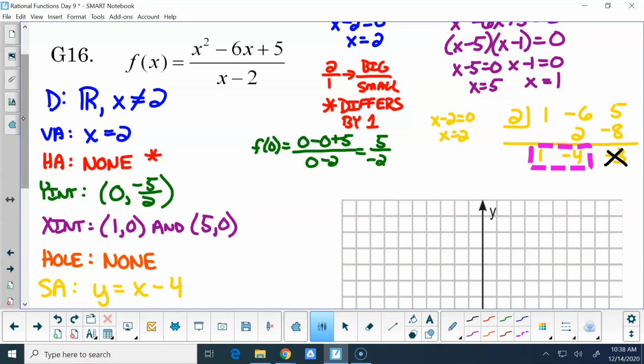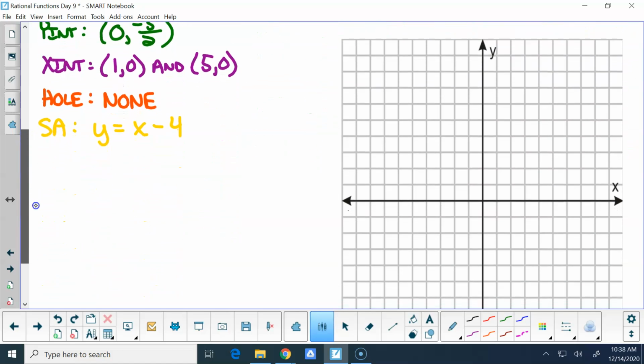Vertical asymptote at x equals 2. Y-intercept at (0, negative 5/2). 2 x-intercepts at (1, 0) and (5, 0). And a slant asymptote of y equals x minus 4. Yep. Put that all in the graph then.